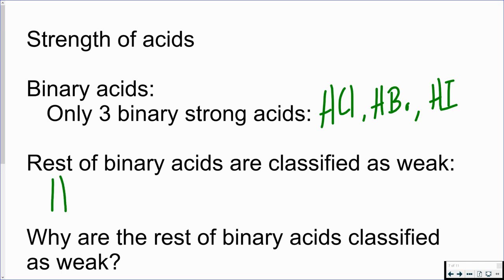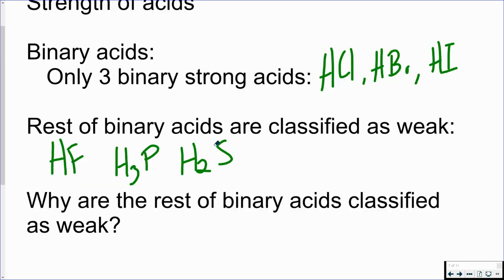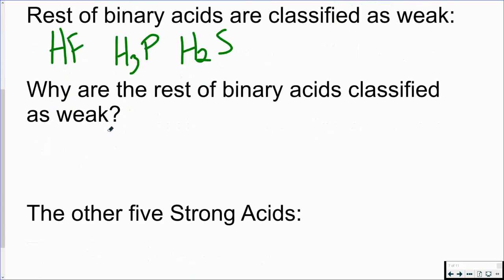All the rest of them, like HF, H3P, or H2S, all of those other binary acids are weak. So why are the rest of them classified as weak? It all has to do with the dissociation.